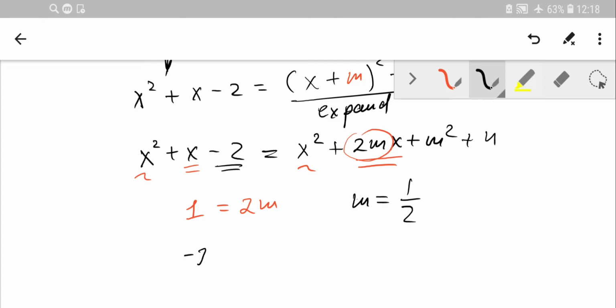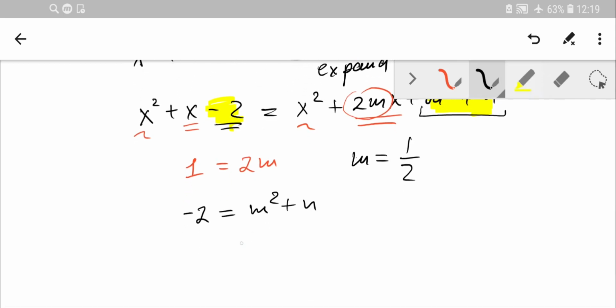In this case, it's minus 2 equals the whole expression here, so I highlight it. Minus 2, taking into account the sign, is equal to m squared plus n. Instead of m, we put 1 over 2. So we'll have minus 2 equals 1 over 4, because we've squared it, plus n. So n is simply minus 2 and 1 over 4.